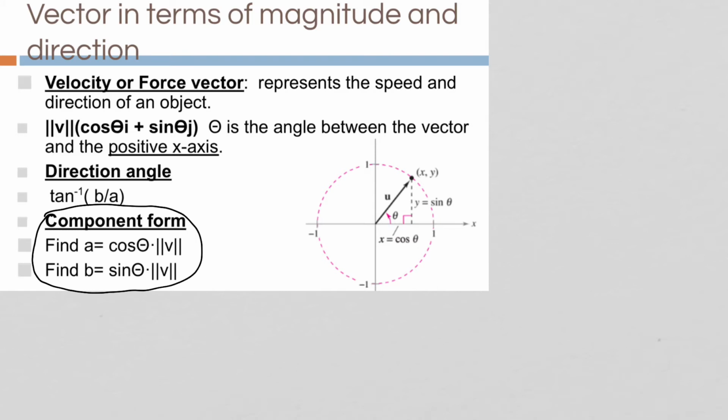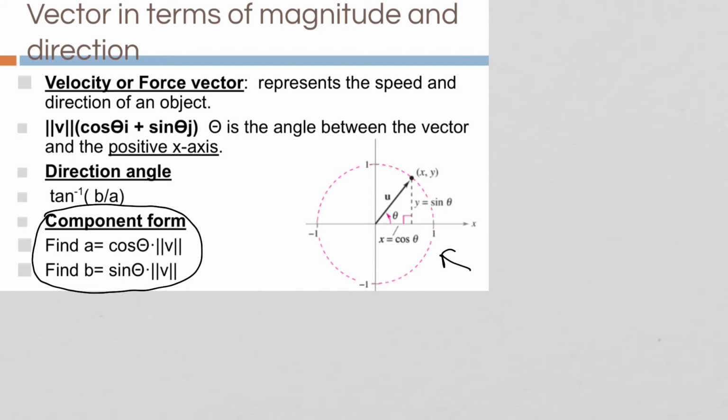If you look at this unit circle picture, we have some vector x comma y. The x part on the unit circle always represents cosine. The y always represents sine. So we use cosine and sine for the angle.